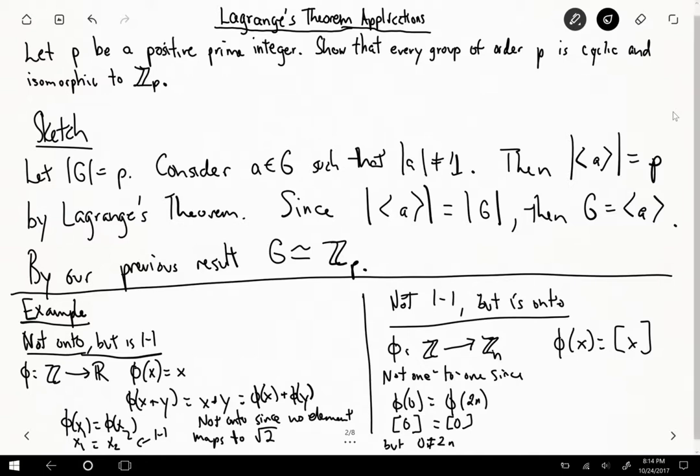Onto. Let's say q is an element of Zn. And then all we need to do is notice, first off, q has to be some integer. It could be reduced modulo n, but just to give you something different that maps to it, m plus q is an integer.